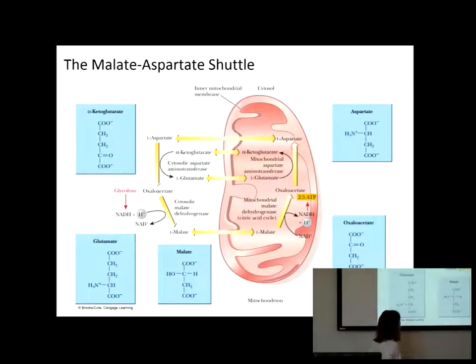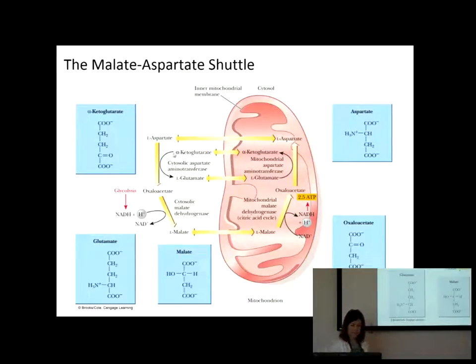In the citric acid cycle, the reaction that produces NADH is going from malate to oxaloacetate, right? That oxidation reduces NAD to NADH. So we're running that reaction in reverse here, going from oxaloacetate to malate. That's a reduction, so we're oxidizing the NADH.